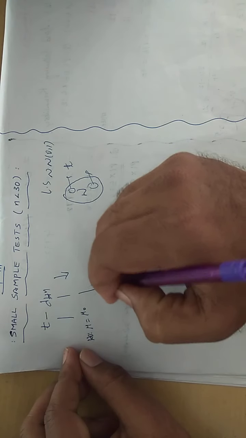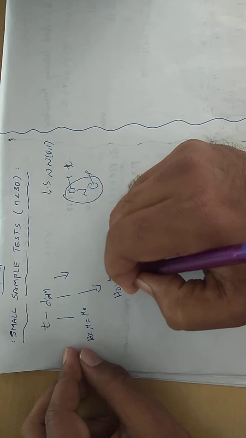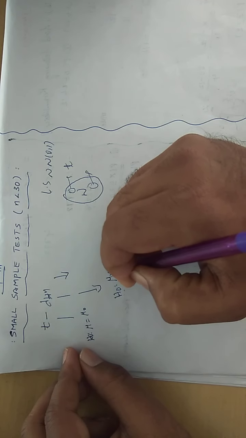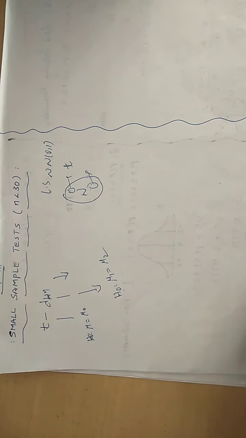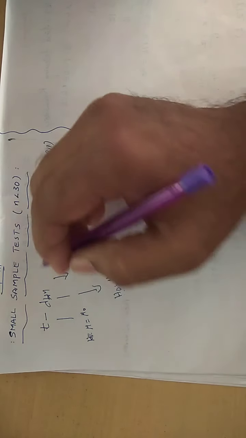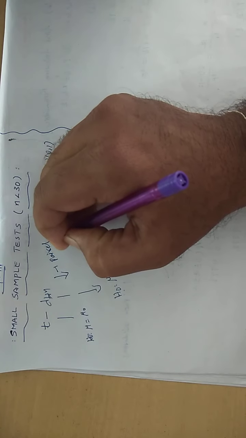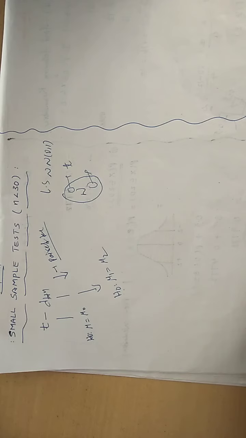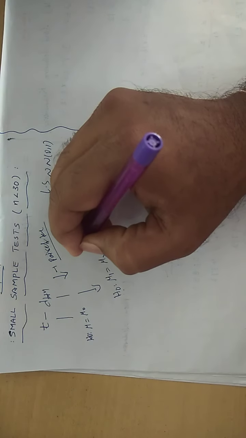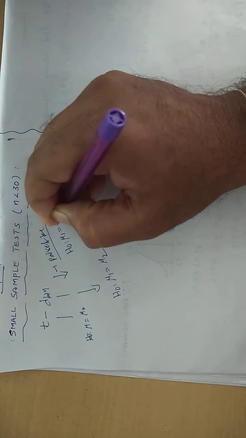Same way, under the second test you are comparing two population means. How do you denote it? Mu1 is equal to mu2. So this is your second test. The third t-test is exclusively known as the paired t-test. So here the null hypothesis is H naught: mu1 is equal to mu2.